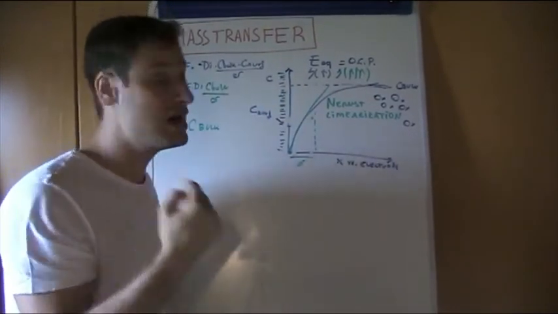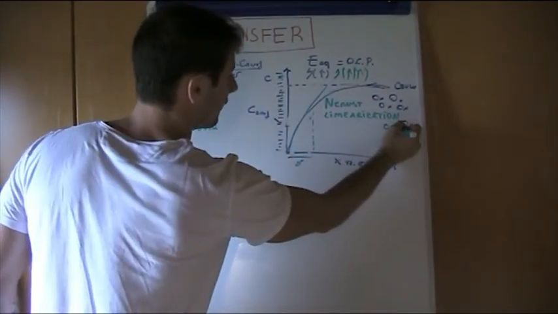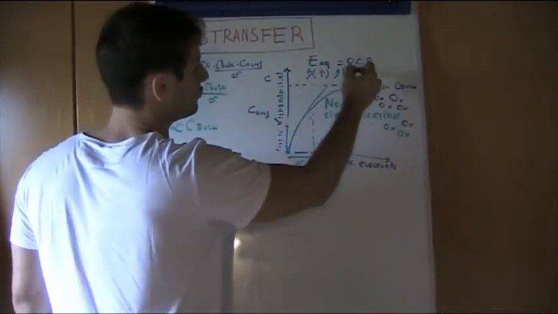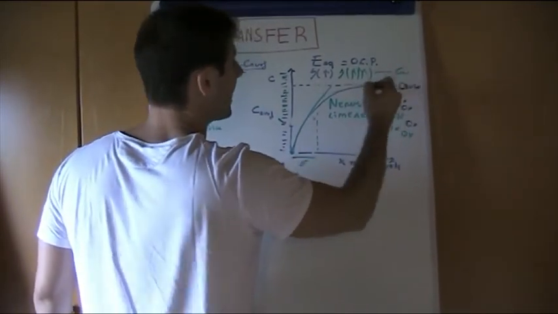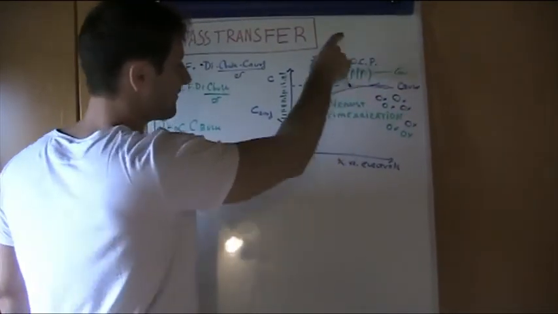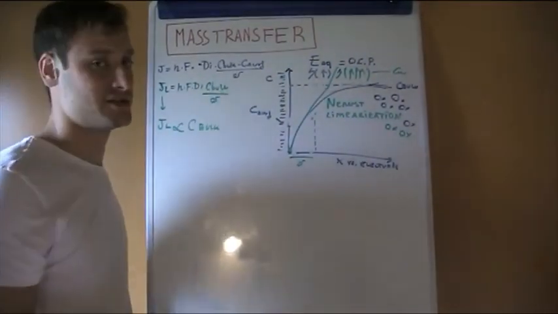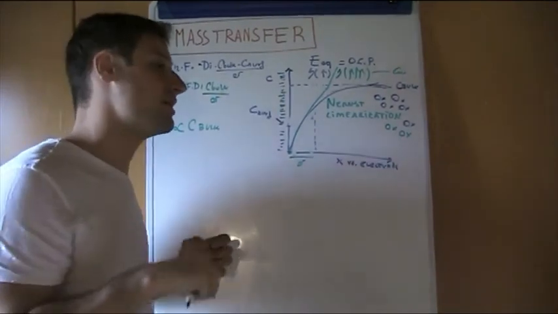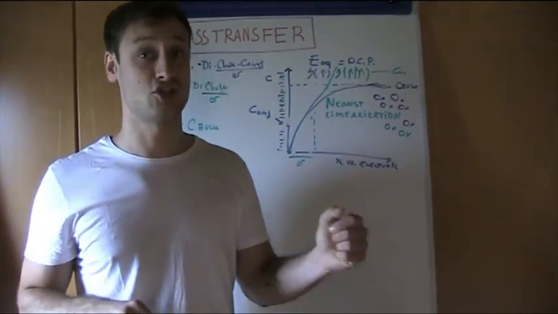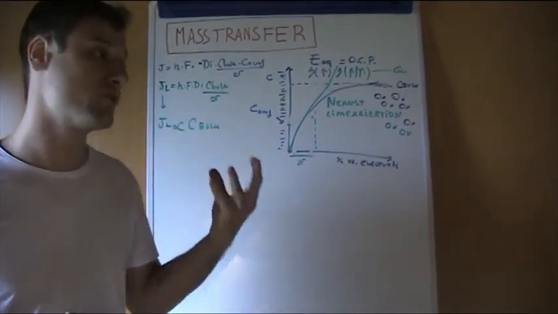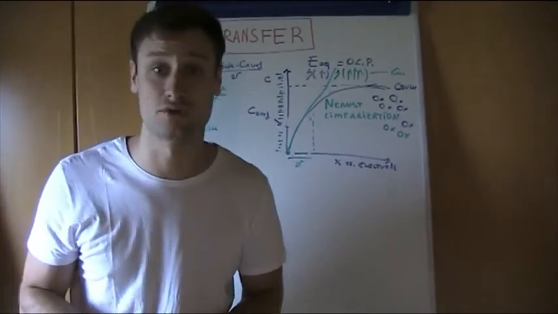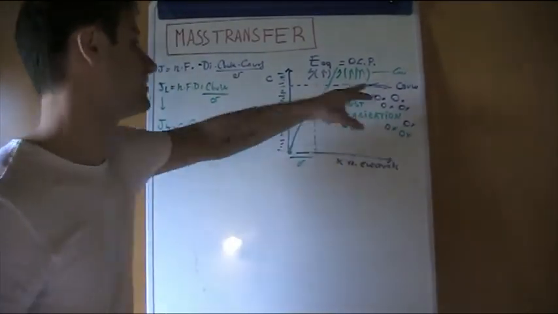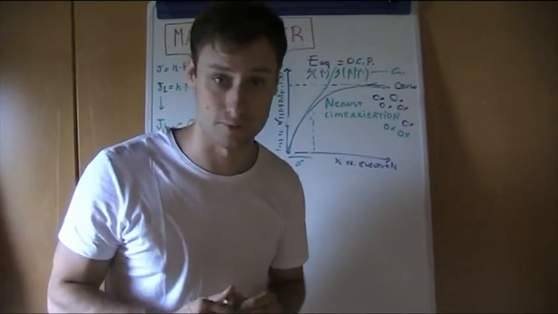But what we can do is add more of this species, increase the concentration, in order to increase this difference. In this way, yes, we can have a higher difference. So we can increase the limiting current, the theoretical maximum current that we can achieve, associated with the theoretical maximum speed of the process, only by increasing the bulk concentration.